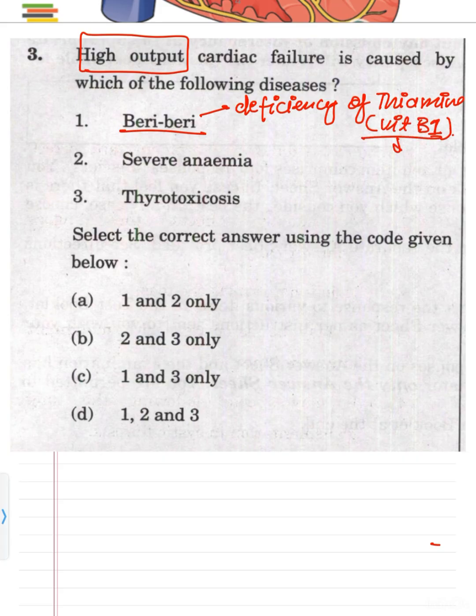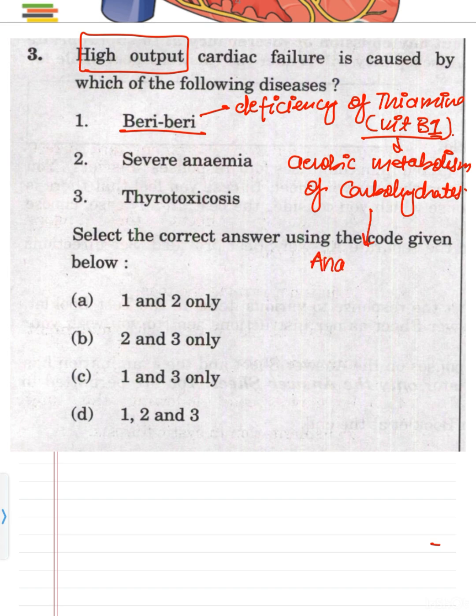It is involved in the aerobic metabolism of glucose, of carbohydrates. If aerobic metabolism does not occur, anaerobic respiration will take place, leading to production of lactic acid.